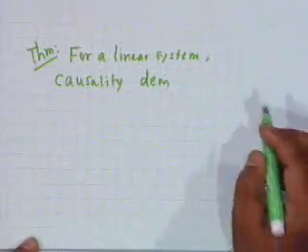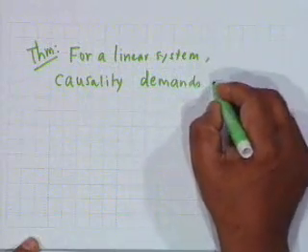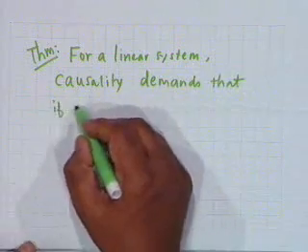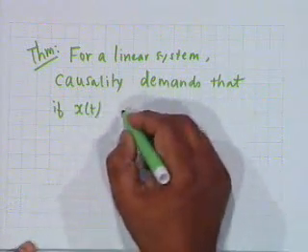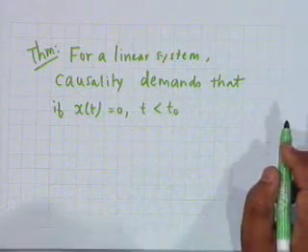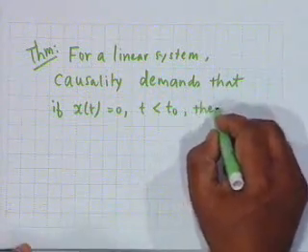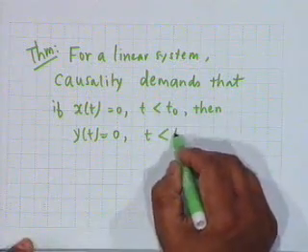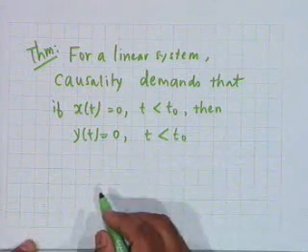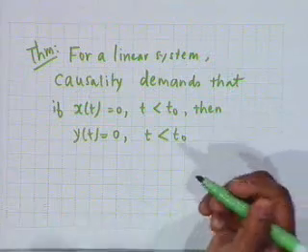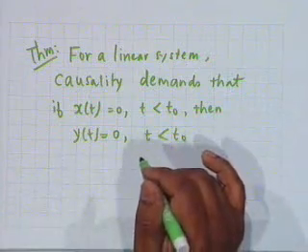For a linear system, causality demands that if x of t equal to 0 for t less than t0, then y of t must be equal to 0 for t less than t0. And we shall show that this condition is both necessary as well as sufficient.